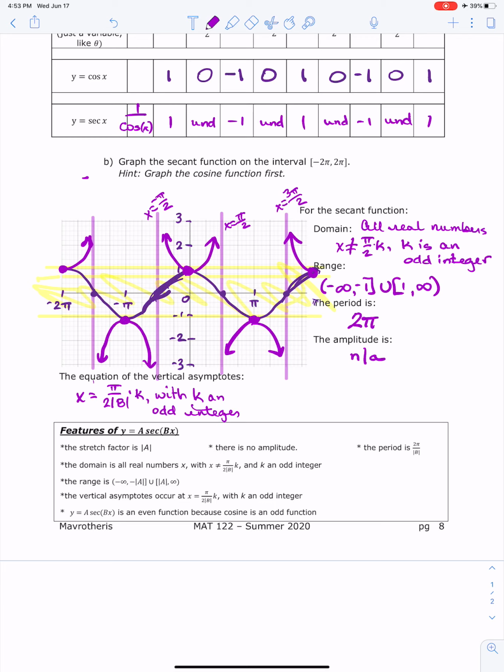In this case, because b is 1, our asymptotes are at pi over 2 k, where k is an odd integer. Okay. This book and these materials really likes giving you formulas. If you understand what's going on with the sine or cosine, it's fairly easy to graph the cosecant and the secant.